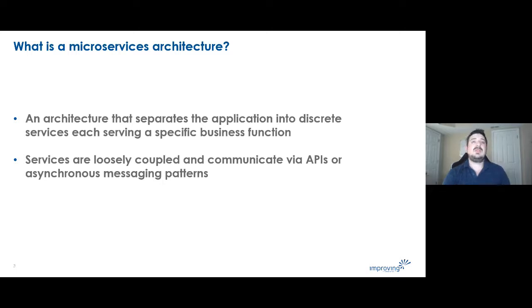So a lot of times you compare a microservices architecture to a monolithic application where all of your code, everything is one huge application, everything's built in, whereas microservices, each function within that application is really designed to be its own app.